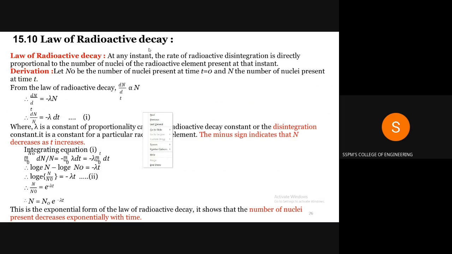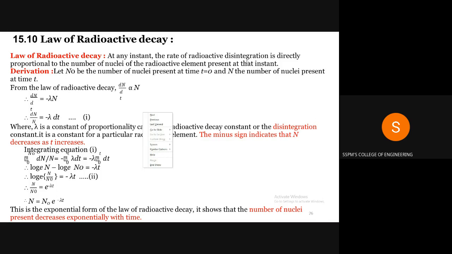So, the law of radioactive decay. How radioactive decay is governed is given by the law of radioactive decay. At any instant, the rate of radioactive disintegration is directly proportional to the number of nuclei of the radioactive element present at that instant.